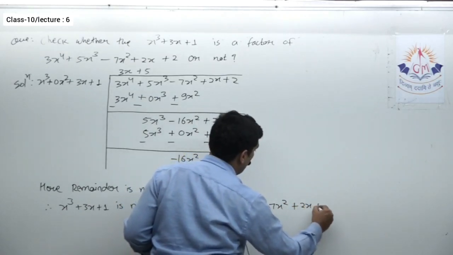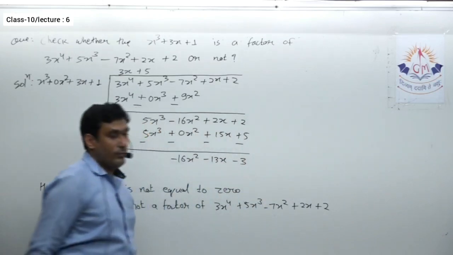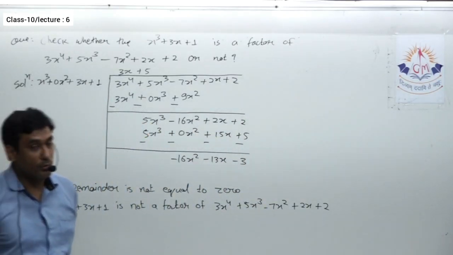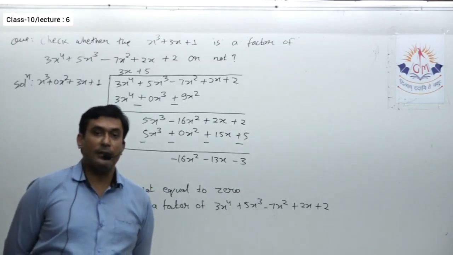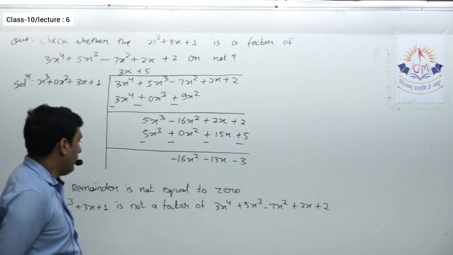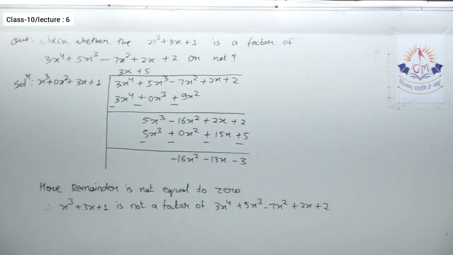So you have to simply divide and check whether the remainder is 0 or not, to check whether the first polynomial is a factor of the second or not. So note it down, then we'll see the next question.